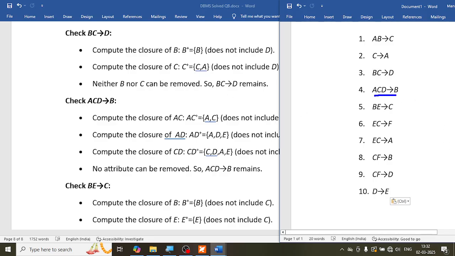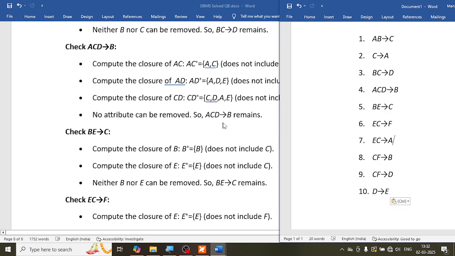In this next one, we have ACD will derive B. So let's look at whether we can eliminate any one of them. Our intention this time is to see whether AC can derive B, or AD can derive B, or CD can derive B. Can we eliminate any one of them?